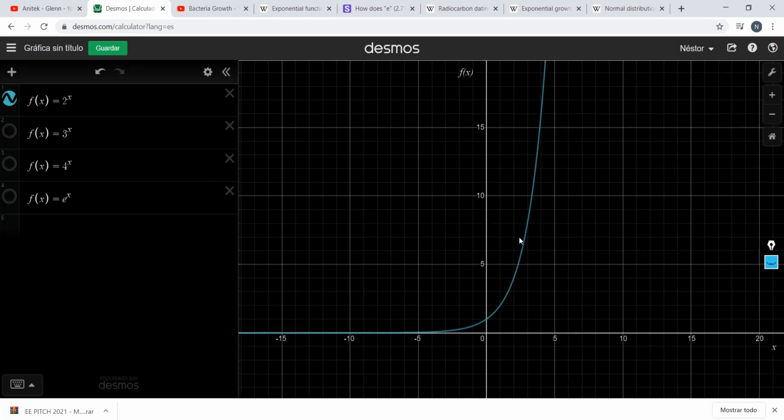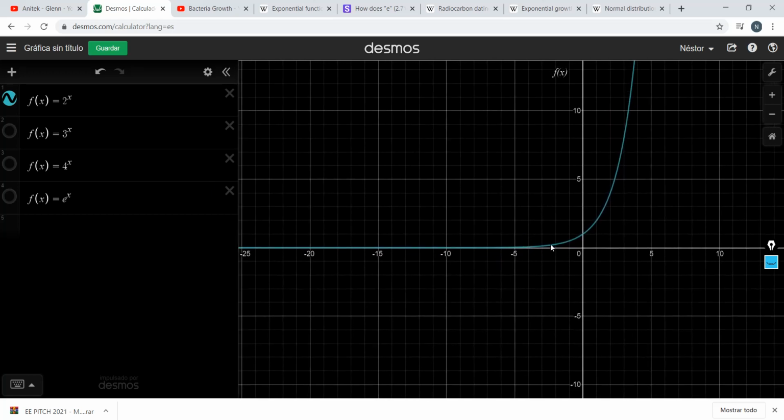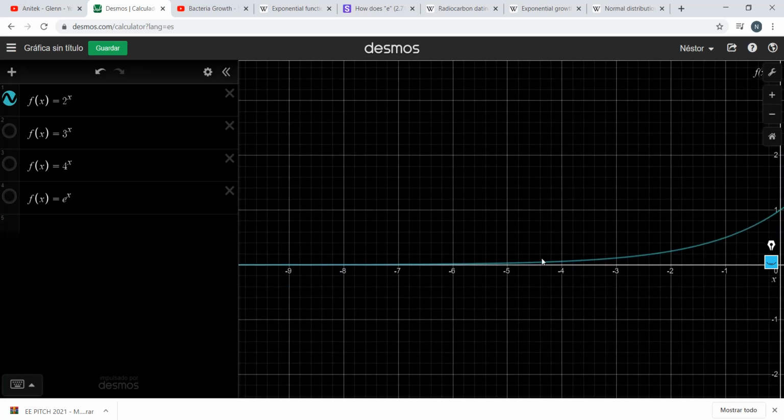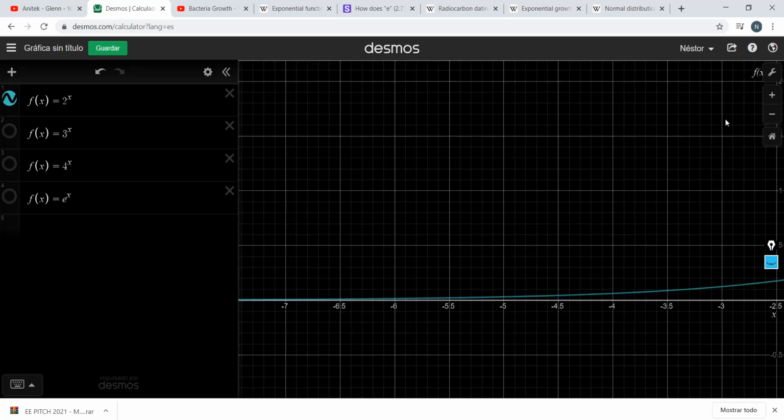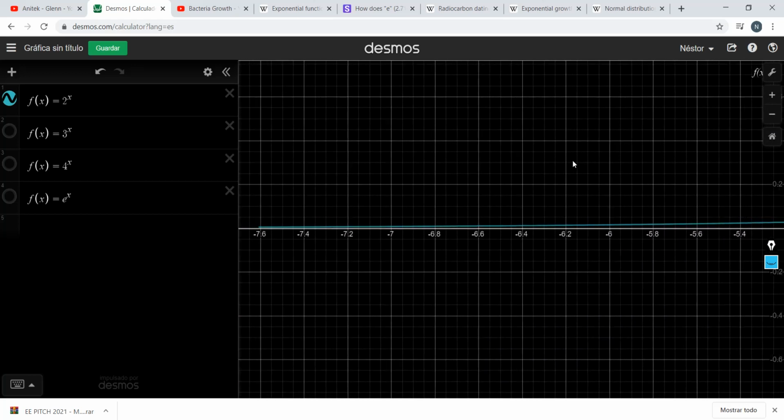Okay, it's this blue line. It goes this way, and again, like I told you before, it looks as though the graph is touching the x-axis, but really isn't. If you zoom in, you see, it's not touching it. It's getting closer and closer, but it never touches it.